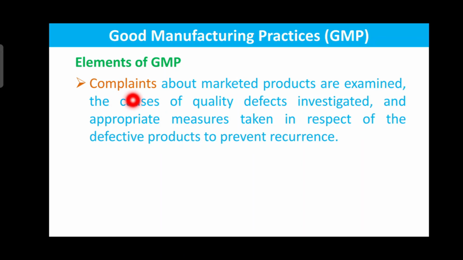Elements also include that complaints about marketed products are examined, causes of quality defects are investigated, and appropriate measures are taken in respect of the defective products to prevent recurrence. So basically right from step zero, right from step one where you start with the weighing of the raw materials.